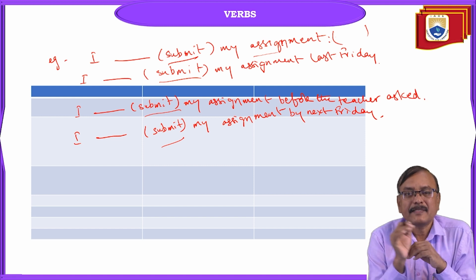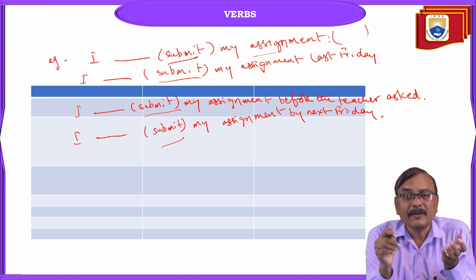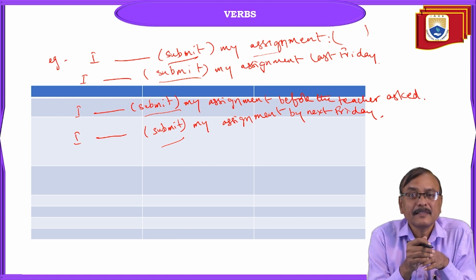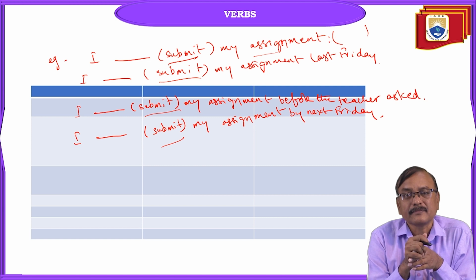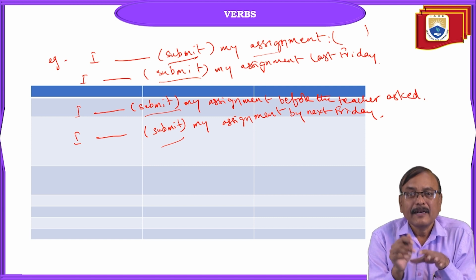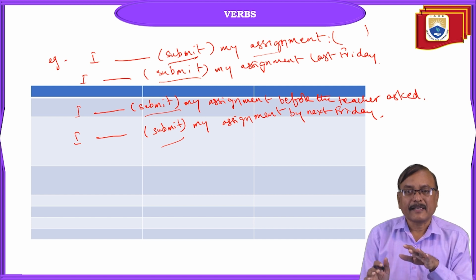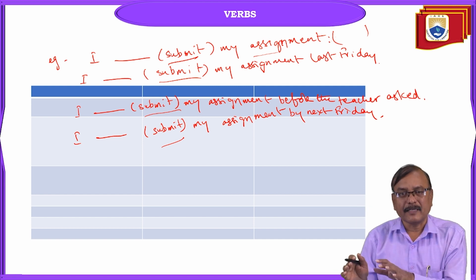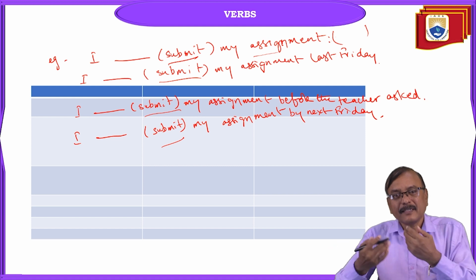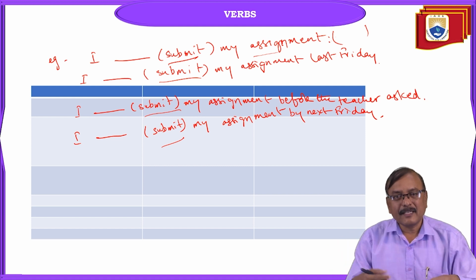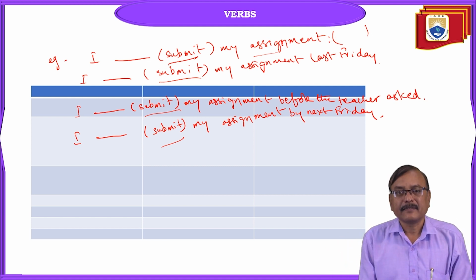I dash submit my assignment. But when did you complete the assignment? When did you submit the assignment? The time is not mentioned. It is completed action. Time is not mentioned. Okay? But the result is still at present. We know it's the result.